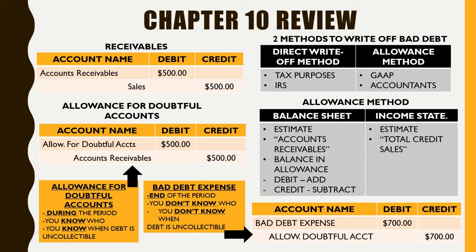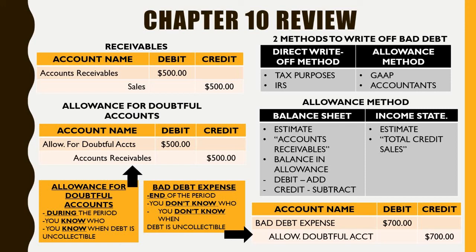There's a lot more that goes into that, but you just need to know that the direct write-off method does exist, but only the tax accountants can do it. So we're going to be focusing on the allowance method, only dealing with the allowance for doubtful accounts. In this case, it's used for regular accountants. It's governed by GAAP, okay?